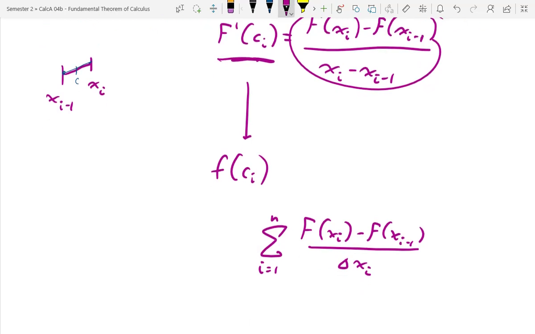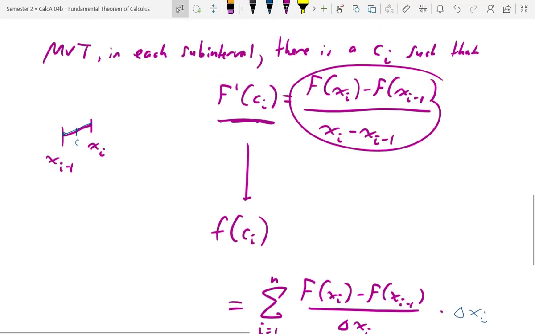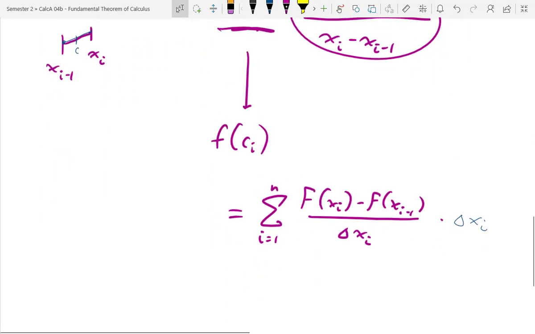If I then treat this as dividing by a delta x i, let's introduce a times delta x i right here. So I'm going to do that on the left side. And if I do that on the right side, because I'm adding up all these infinitely many things, basically I can say that this is the same as f of b minus f of a. Adding up the infinitely many things, dividing by the delta x i's. If I were to cancel those, I would just get the summation that we had before.